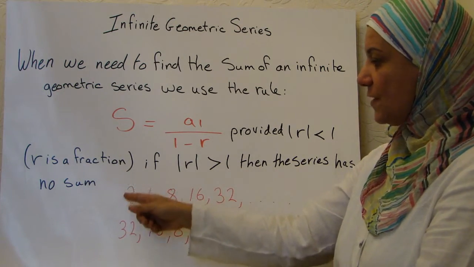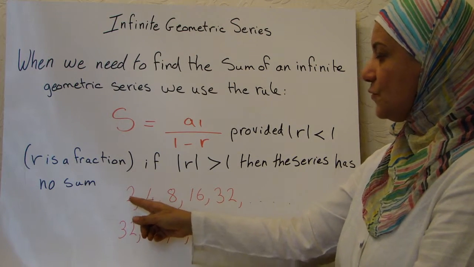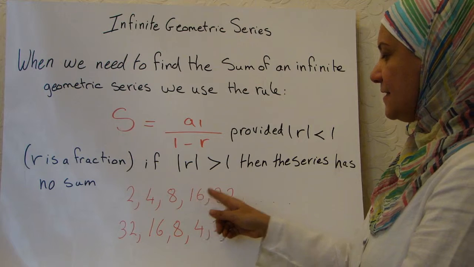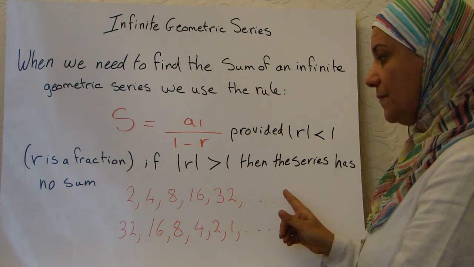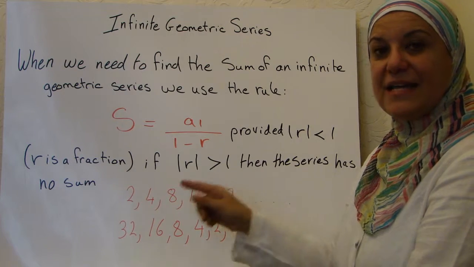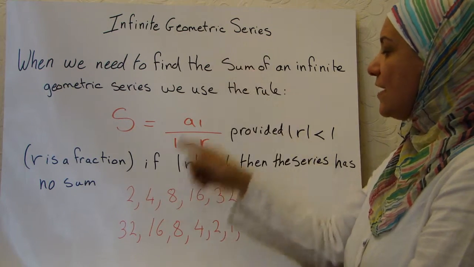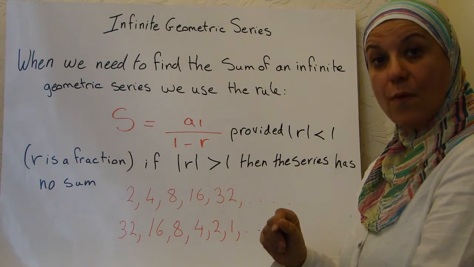Let me give you those two examples to show you why. This first example has 2, 4, 8, 16, 32, and so on. The r here is 2. I cannot find the sum of those. Why?